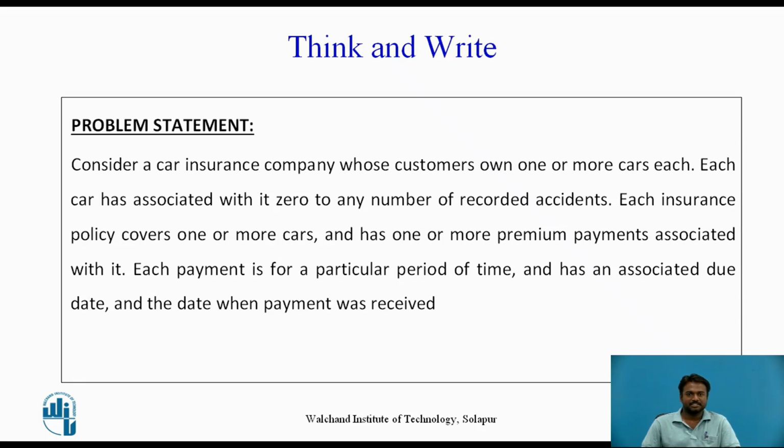Each payment is for a particular period of time and has an associated due date and the date when payment was received. Now, pause the video for some time and think and write down the entities and attributes for this problem statement.